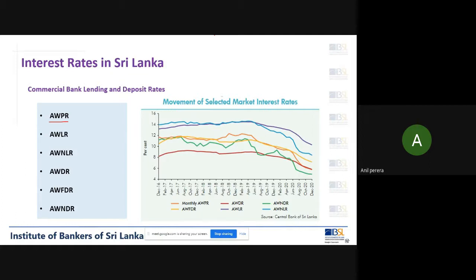But prime means they are the most creditworthy, important customers. In every bank, there are most creditworthy customers, right? Who are borrowing on a large scale, who are very loyal, and maintaining long-term relationships. Creditworthy means they have a very good credit standing.